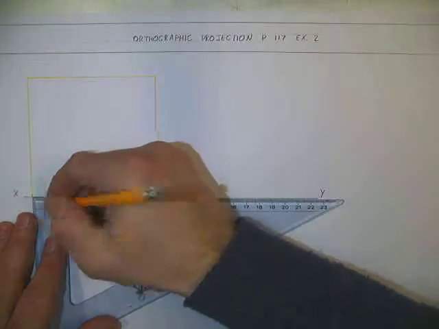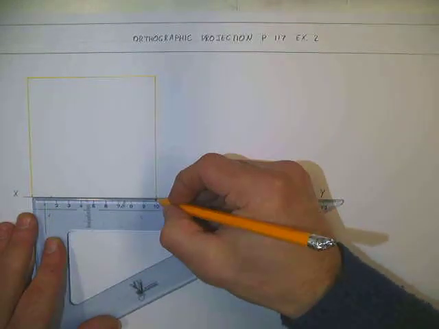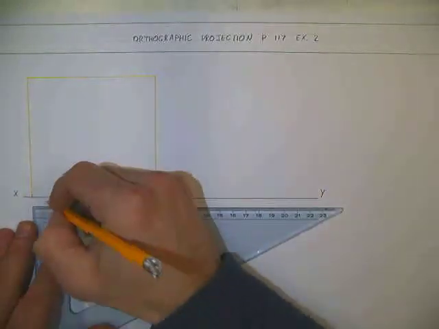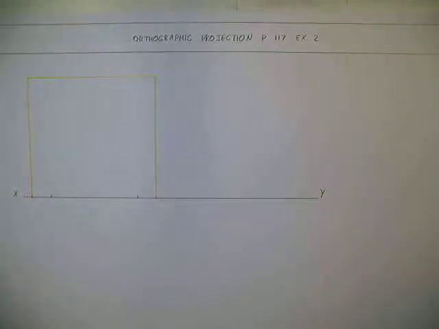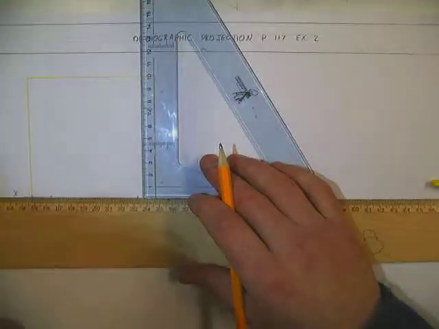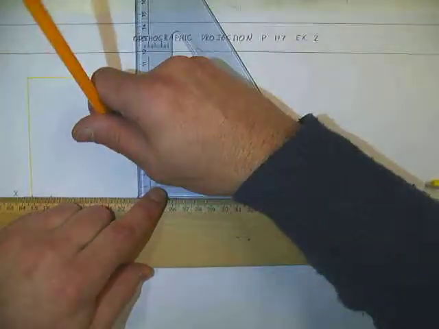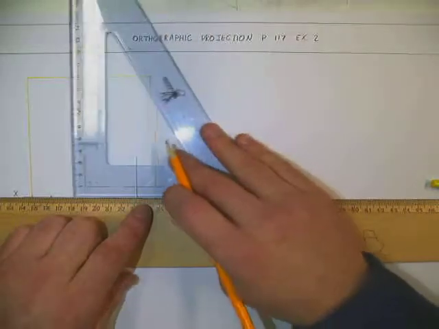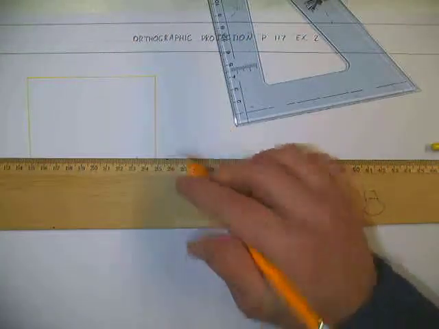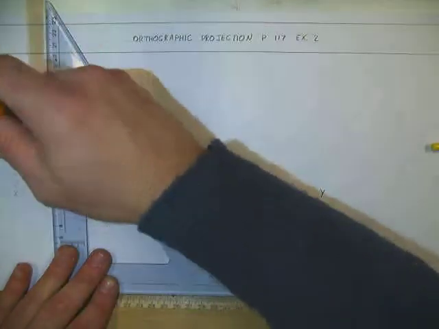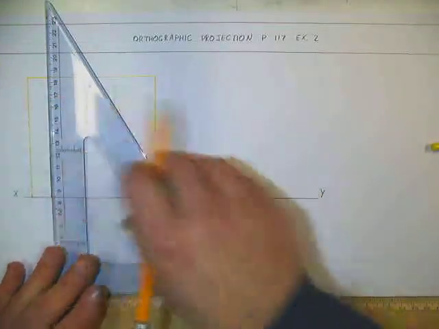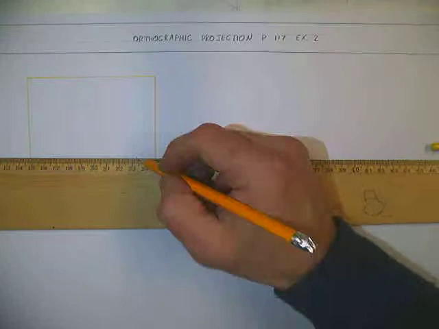So if I measure in 15 mil from each edge, that'll give me the position of the front of the little compartment at the front. And I can see that's 35 millimeters high. So I'll draw a line up there, 35 mil. And the same over here. I'll bring that line across lightly and bring this up.